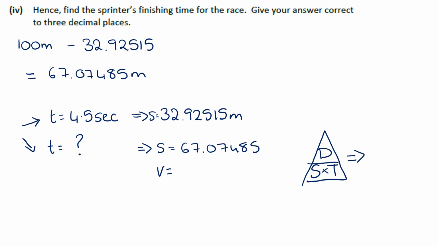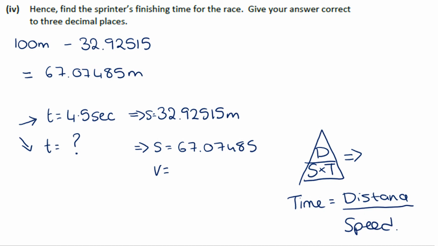But what we're going to use is time is equal to the distance divided by speed. And we, again, are allowed to use this because we know that there is no acceleration here. So we have 11.3535 meters per second here.